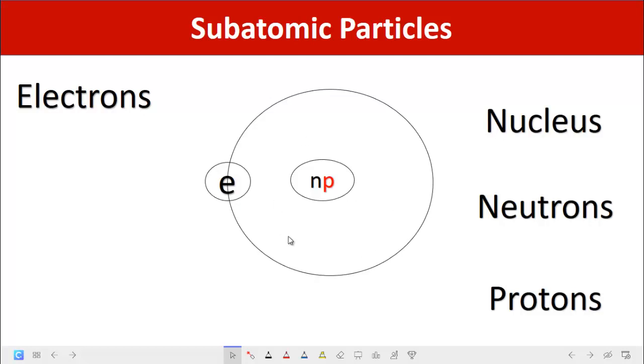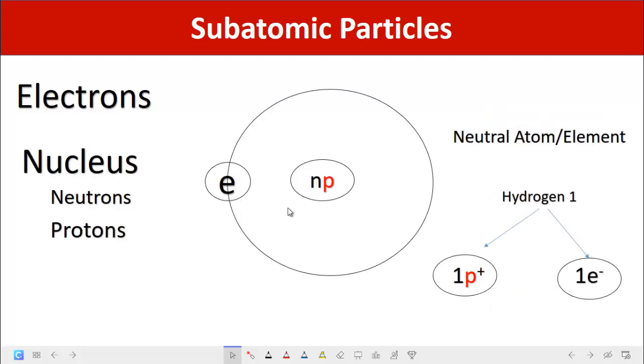This is the atom. This is the nucleus, which consists of the neutrons and the protons. Later on, it was discovered that there is a negatively charged particle here, which is called the electron. An atom is composed of electrons and a nucleus, which consists of neutrons and protons.